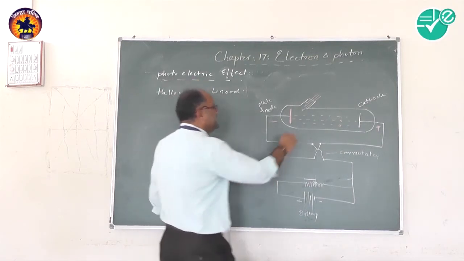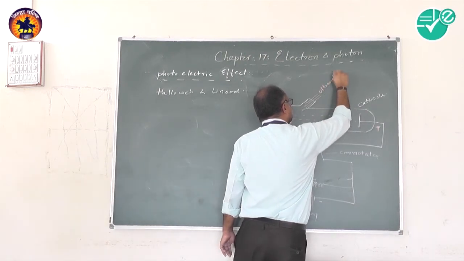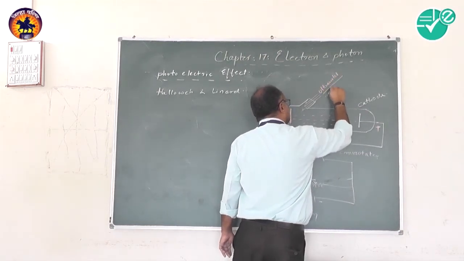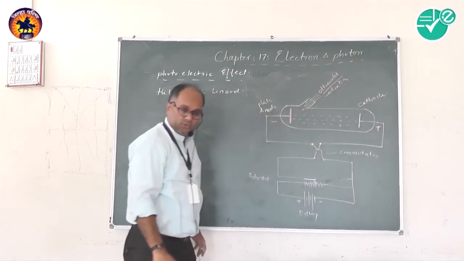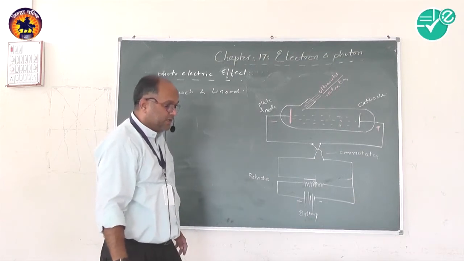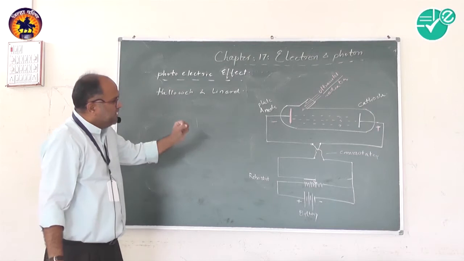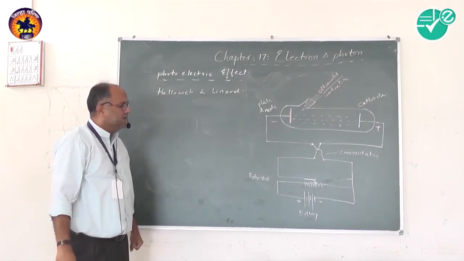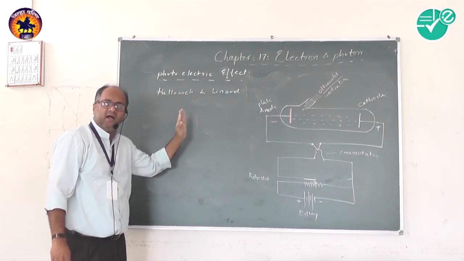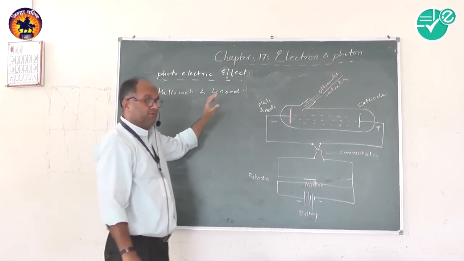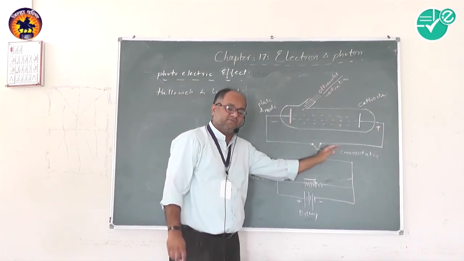Now here in this case they used ultraviolet radiations for the emission of electrons from the surface of the cathode. They found that whenever a surface is incident with high energetic light beams, electrons start to emit from the surface.